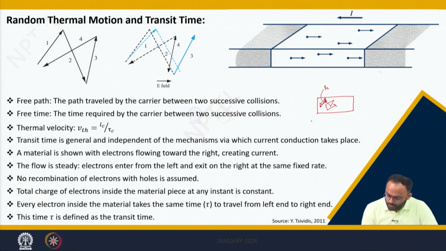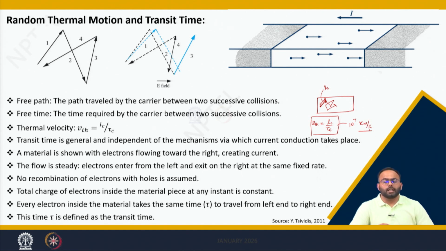Ultimately, if you calculate the velocity of these carriers in the random thermal motion, you can find it out as l_c by tau_c. And for silicon, this value is 10 to the power of 7 centimeter per second, meaning the electrons in the semiconductor are moving with a very high velocity. So it is an intense motion, but the intense motion will not give you current.